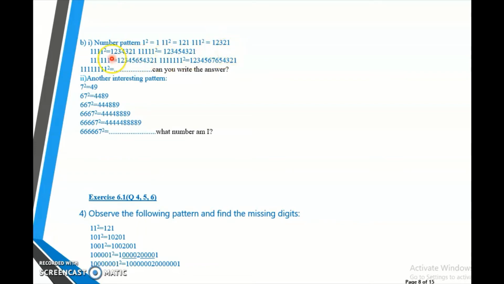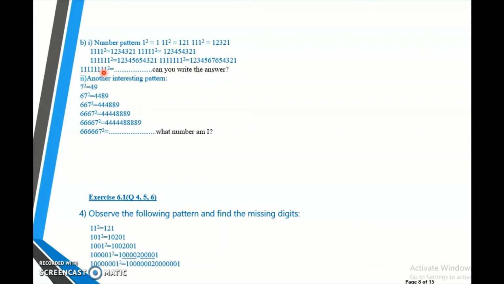Again here in the next, when it's 4 digits, you have 4 in the middle and it reduces from 3 to 1. And again here 3 to 1. Now repeat here, you have 5 ones. So here it starts with the middle number 5 and reduces on either side. And can you try and find the answer for the last one?